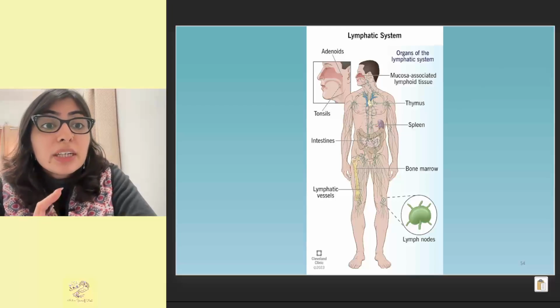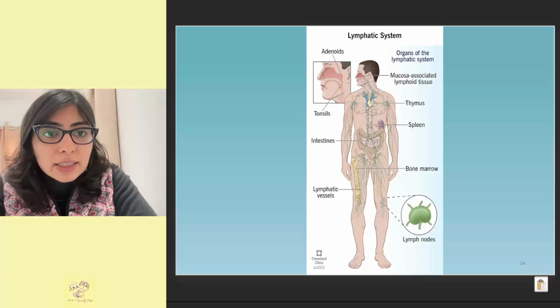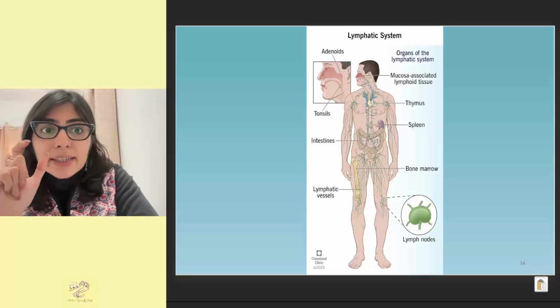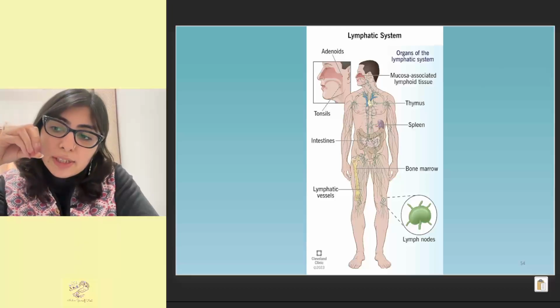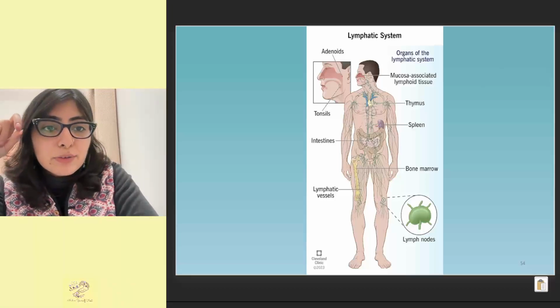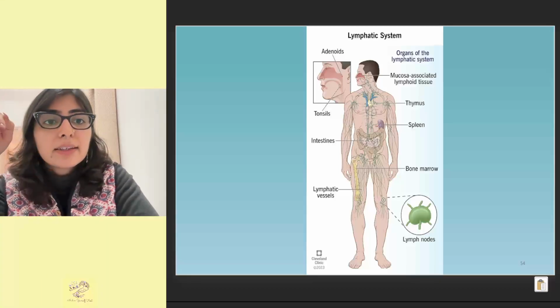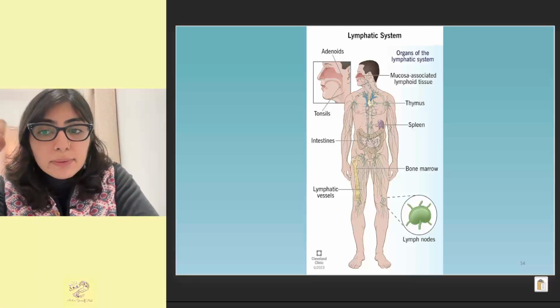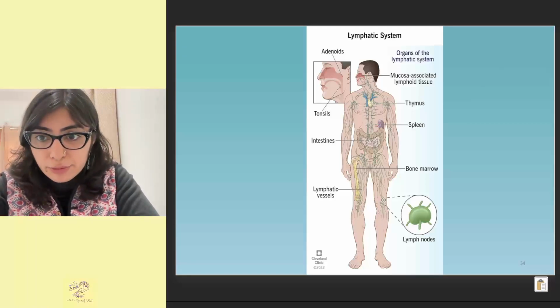The lymph node can filter and identify: if it is a similar kind of cell, it will let it go. But if it is a foreign cell, it could be a pathogen or a bacteria cell, it will kill it there, because the blood also contains white blood cells which help in fighting the infection.